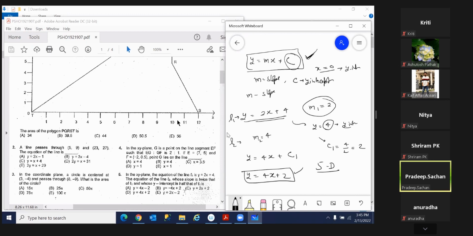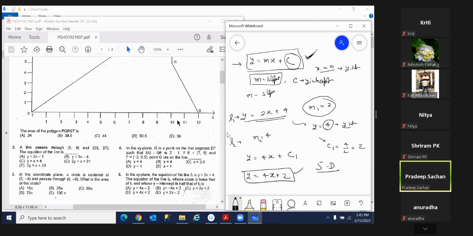So theory says that any line will be in the format y equal to mx plus c, where m is called the slope of the line and c is called the y-intercept. Same concept we learned in class 9th and 10th also, when we learned coordinate geometry.